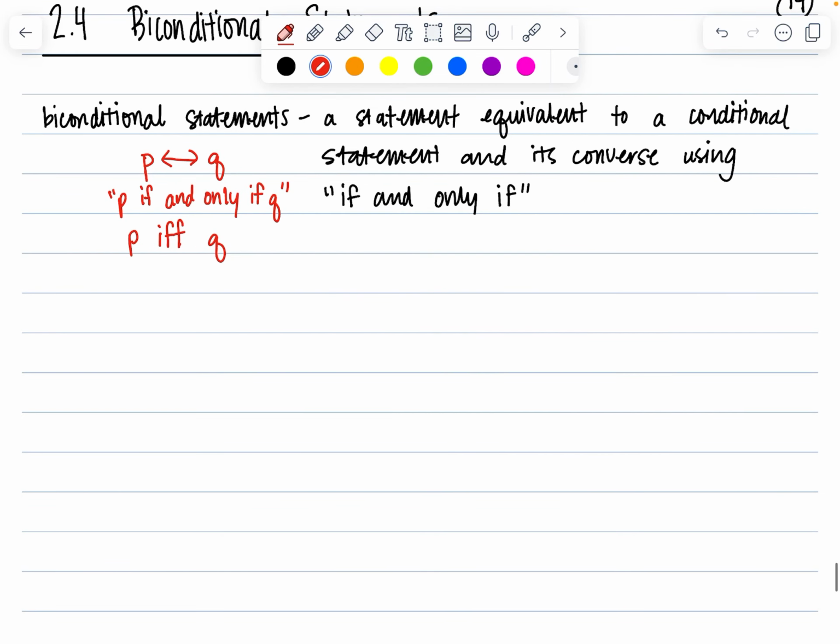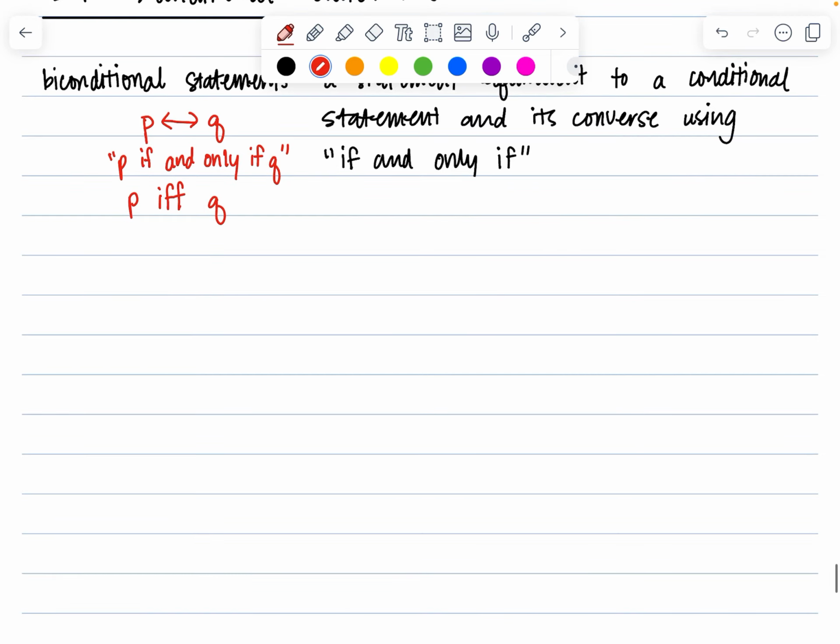All right, so let's get into an example. The biconditional statement does not necessarily have to be true, and you'll see what I mean in a second.